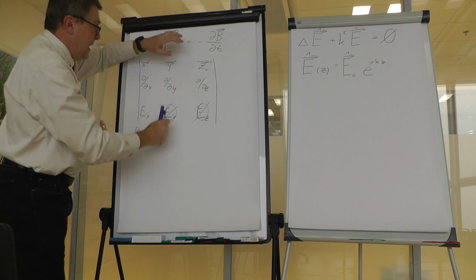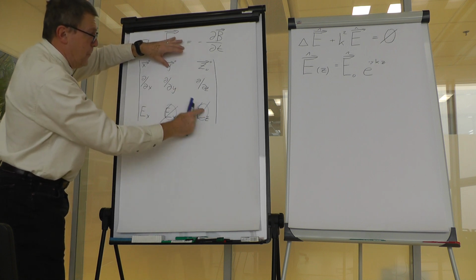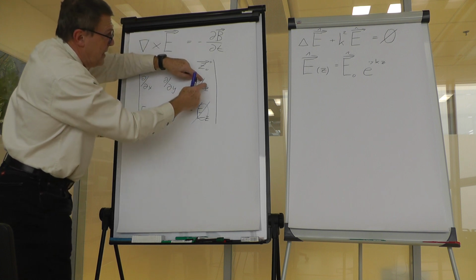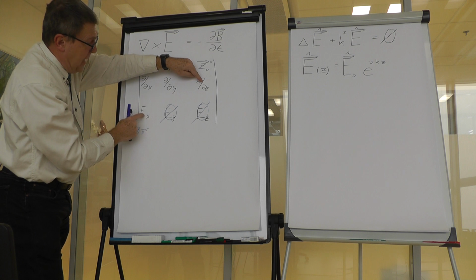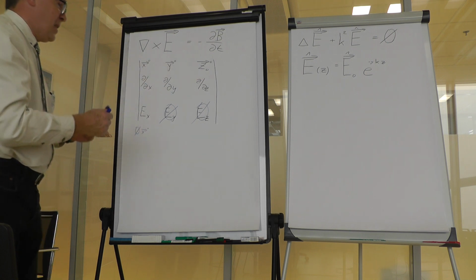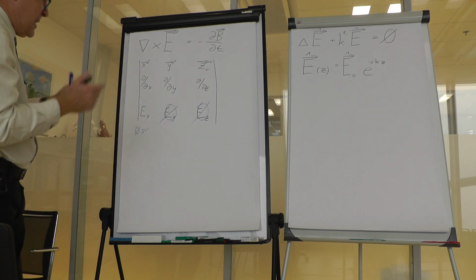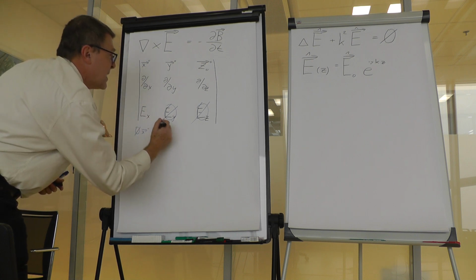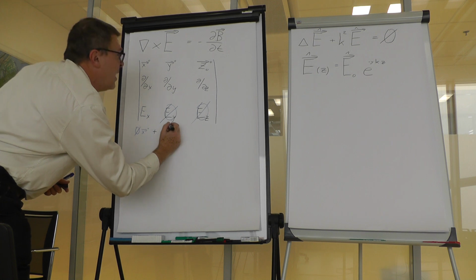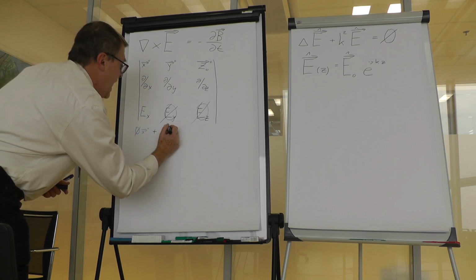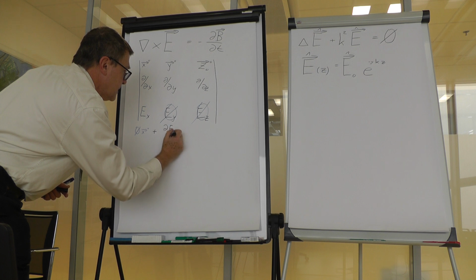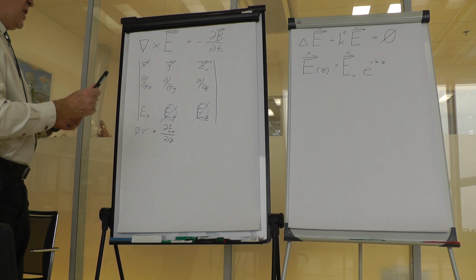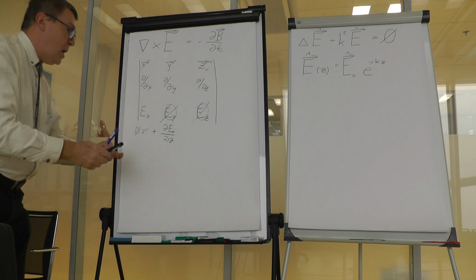So the result is minus the derivative of 0 against x, which is 0, minus the derivative of Ex against z. Okay, so there might be some component which would be plus a derivative of Ex against z. Good.